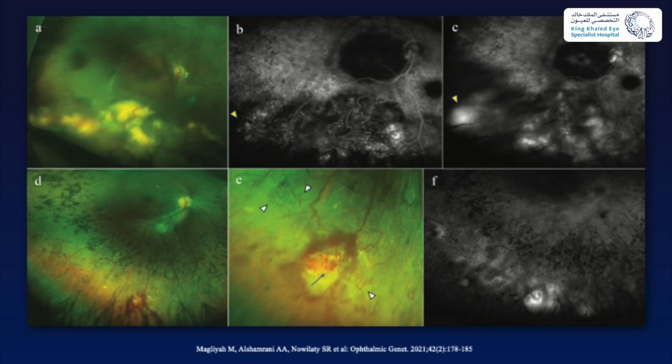As you can see in the fluorescein angiogram, the leakage of the dye and the cystoid pooling at the foveal area. The 3 photos at the bottom are for another patient with the TULP1 mutation who has aneurysmal dilation, telangiectasia that leaks the dye.